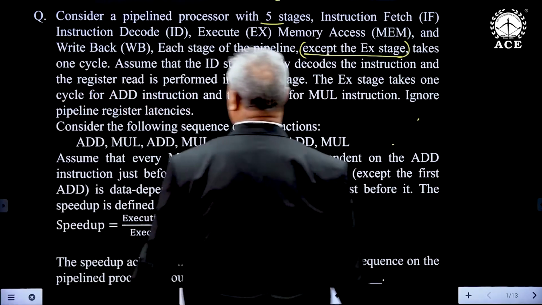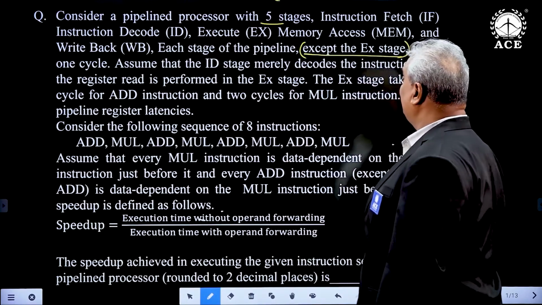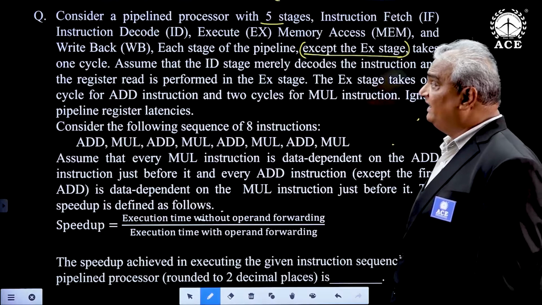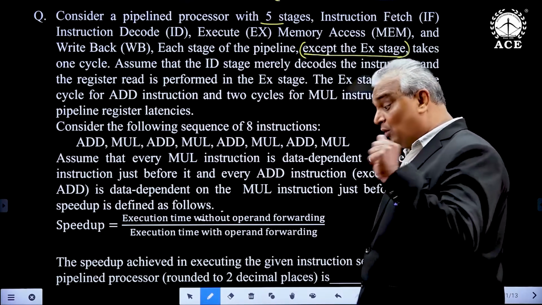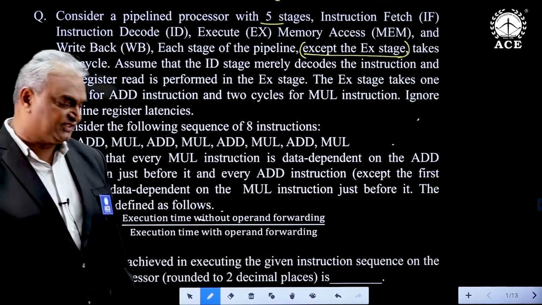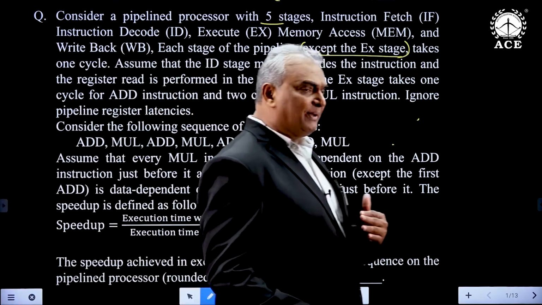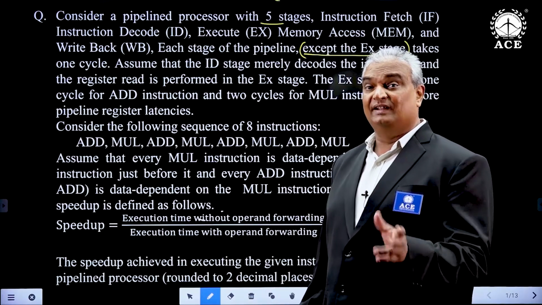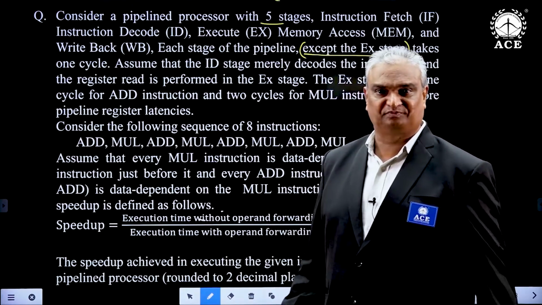Next, assume that the ID stage merely decodes the instruction. What is the full name for ID? Instruction decode. What is the function of ID? It decodes, which means it separates the operation part and the operand part from the available opcode.